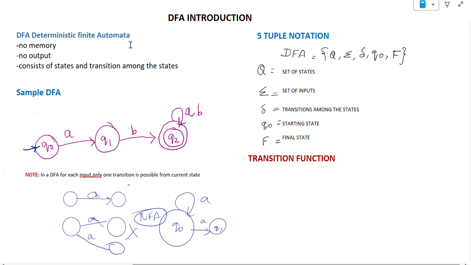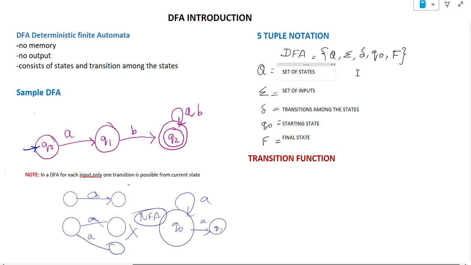Moving on to the tuple notation, a DFA is represented with a 5-tuple notation. DFA is equal to Q, Sigma, delta, Q naught and F, where Q stands for the set of states, Sigma stands for the set of inputs, delta stands for the transition among the states, Q naught represents the starting state, and F represents the final state.